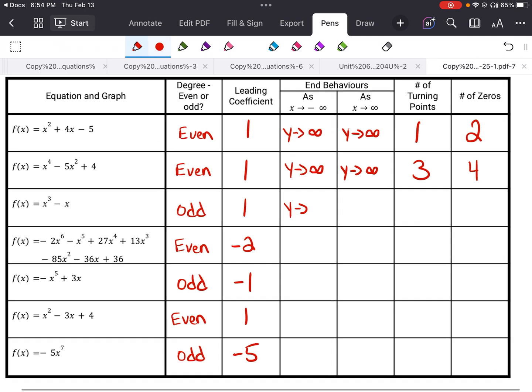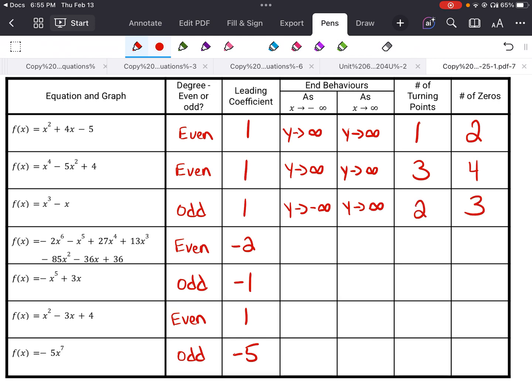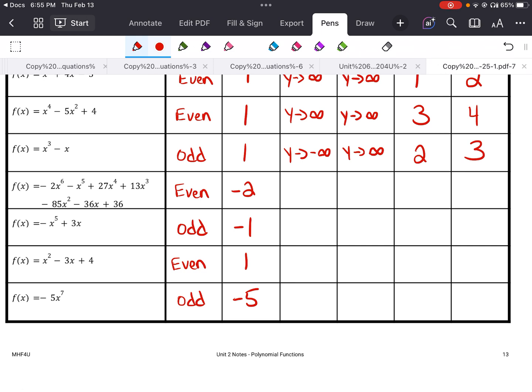Okay, odd degree, so this time the arrows are facing the opposite way. As it goes left to negative infinity, the y also goes down to negative infinity. And as it goes right to positive infinity, the y values go up to positive infinity. It's degree of 3, so 2 possible turning points, 3 possible zeros.